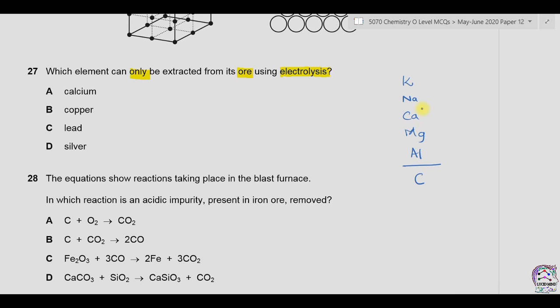So therefore carbon cannot reduce the oxides of these elements, so electrolysis is needed. So it could be calcium. Copper is below carbon, so copper can be reduced by carbon. Lead can also be reduced by carbon, silver by carbon too. So the only correct option is A.